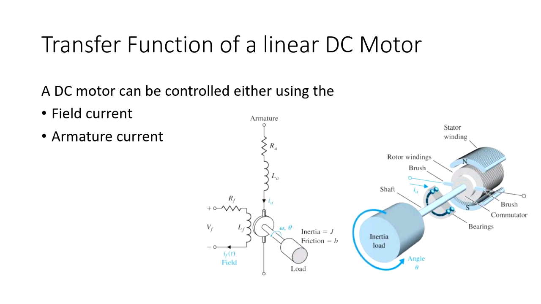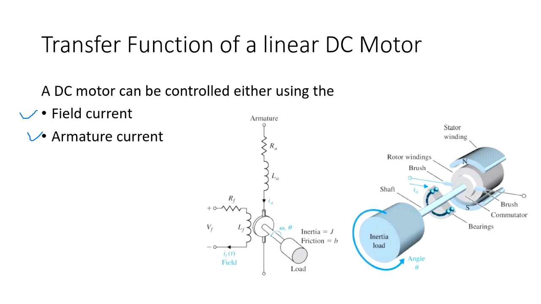Now, consider a DC motor. A DC motor can be controlled using what we call the field current or the armature current. This is the circuit diagram. From the field, we have the field resistance and the inductance here. And this is the armature side.